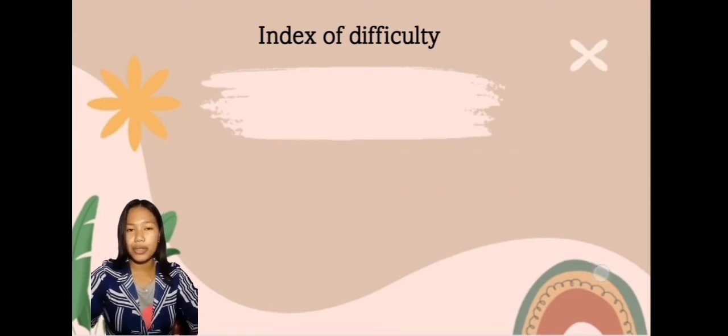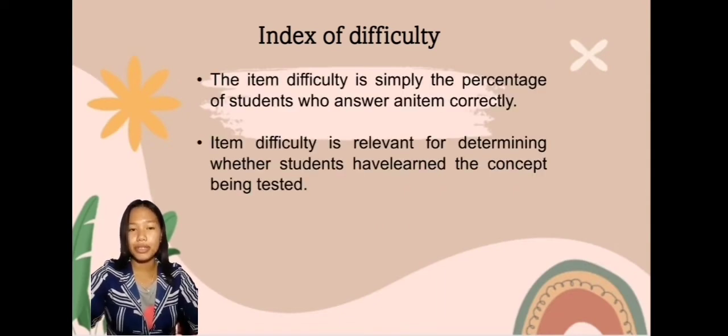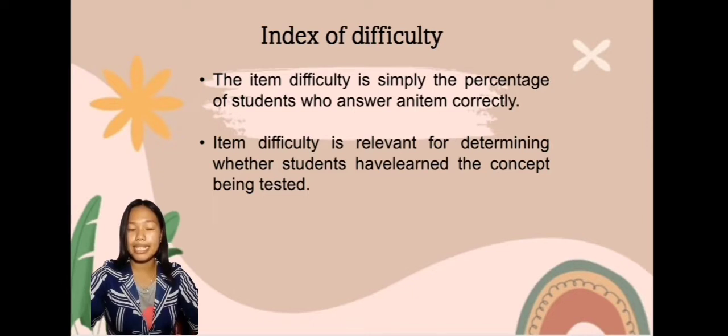Index of difficulty. The item difficulty is simply the percentage of students who answer an item correctly. Item difficulty is relevant for determining whether students have learned the concept being tested.